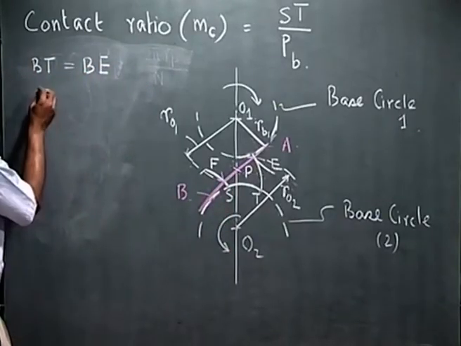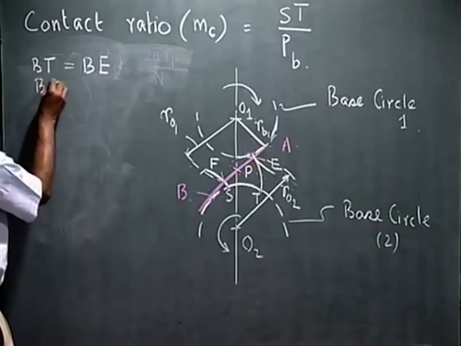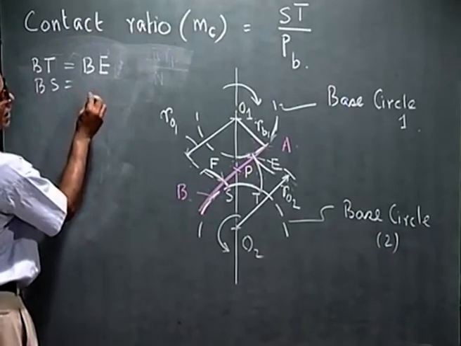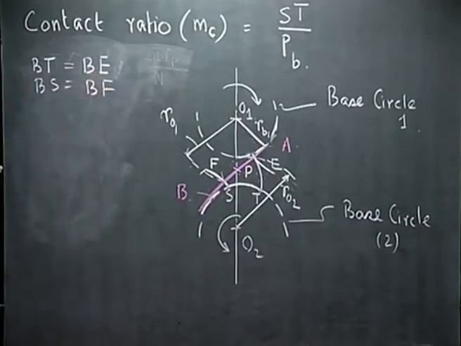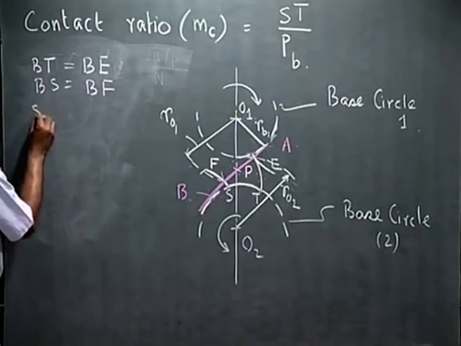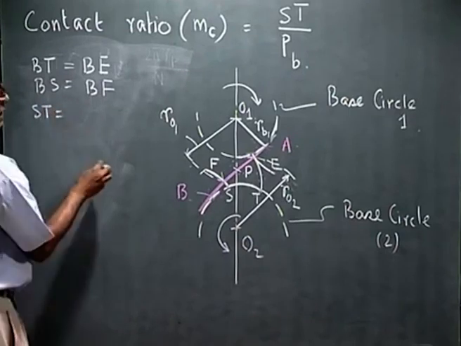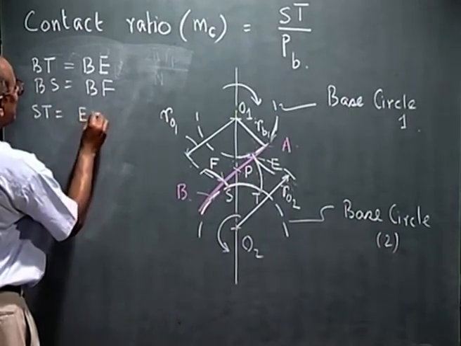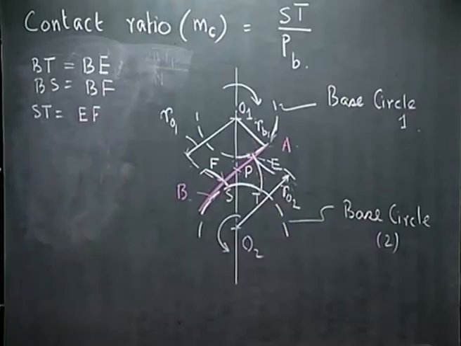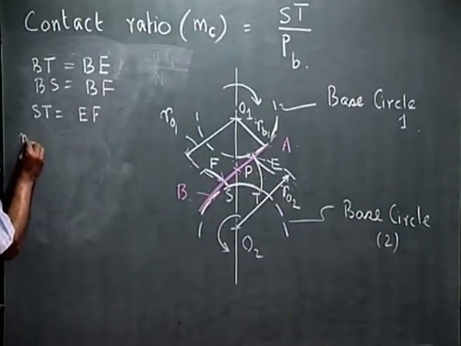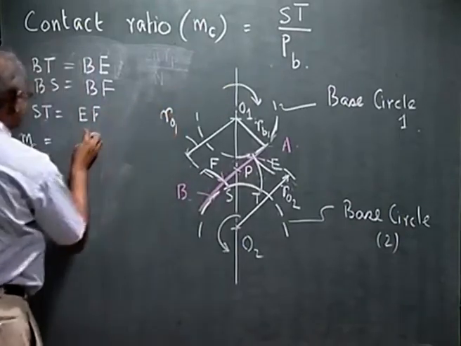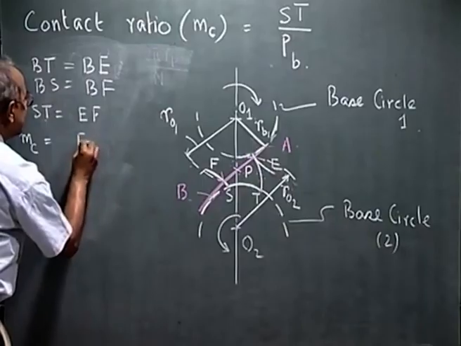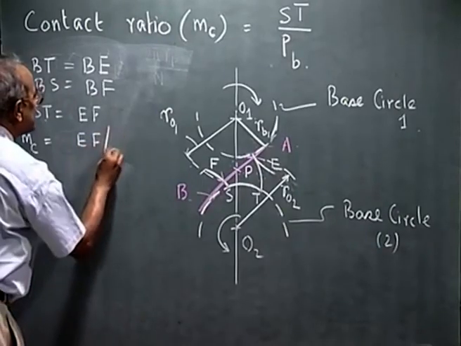So, BS is the same as BF. If I subtract, I get ST is the same as EF. And the contact ratio MC, which was defined as ST by PB, I can write as EF by PB.